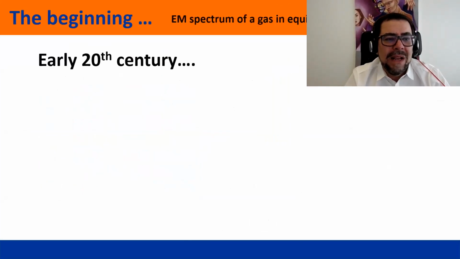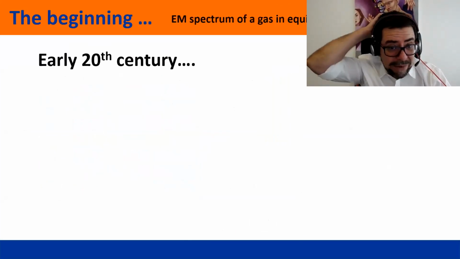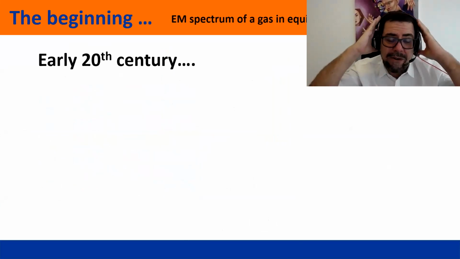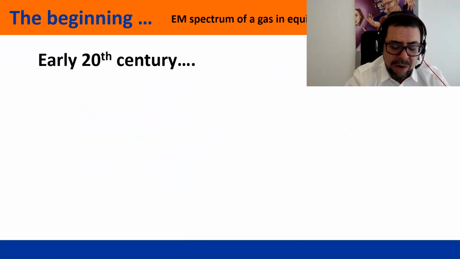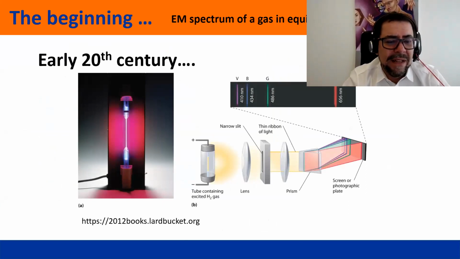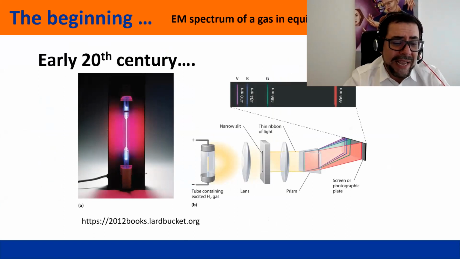So later, more or less at the same time, people were measuring a related experimental question, which is the electromagnetic spectrum of a gas when you pass a current through a gas. This is like a glass tube with gas inside, and then you run an electric current.